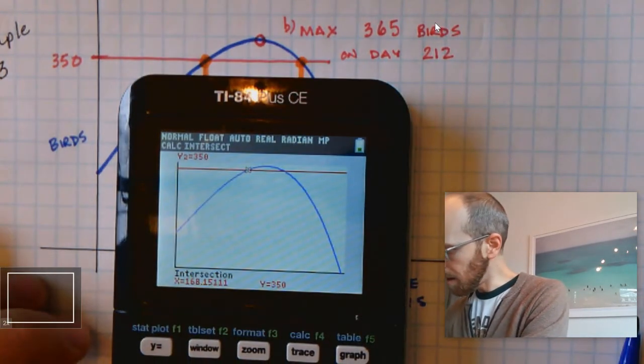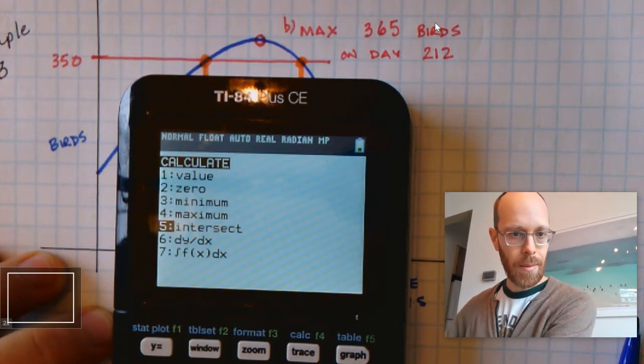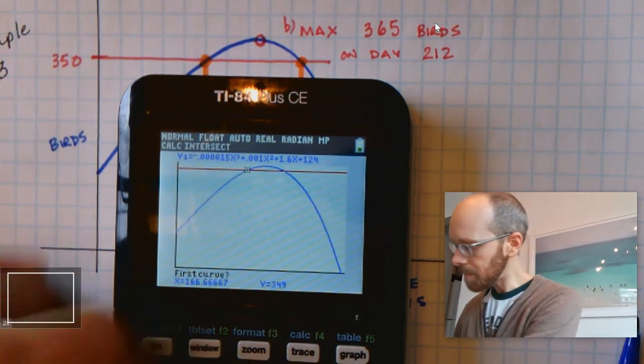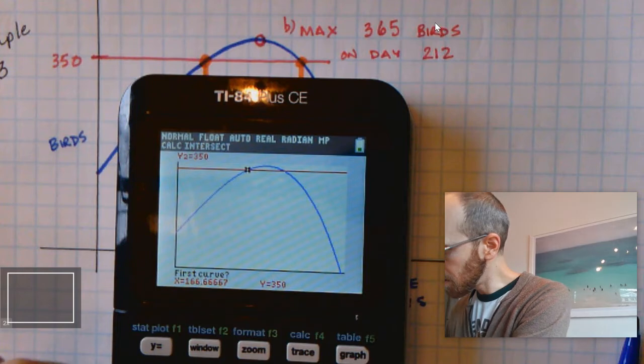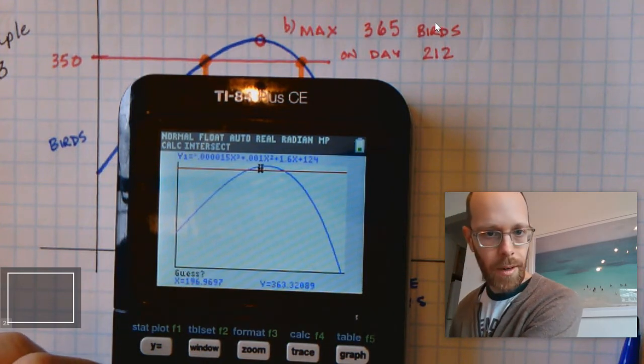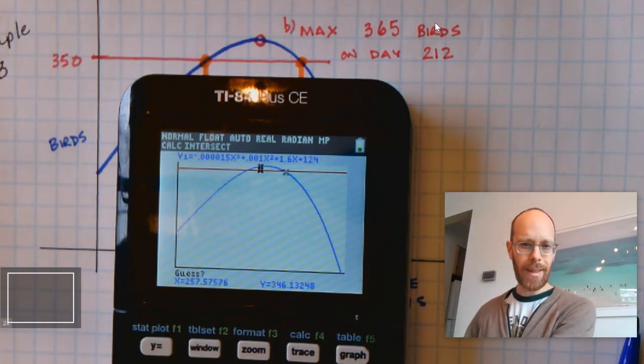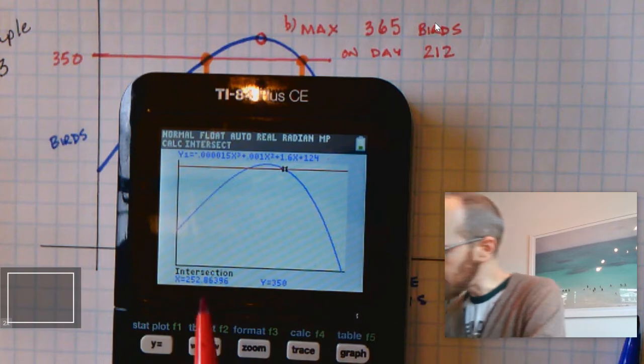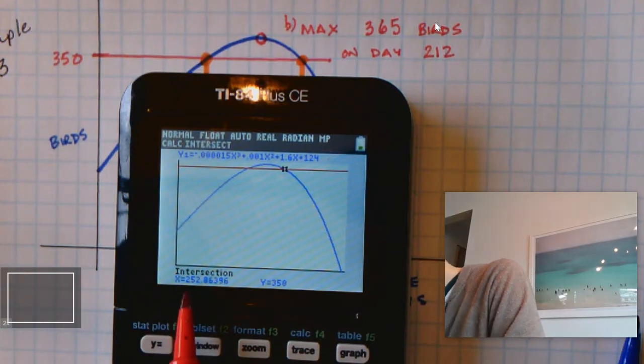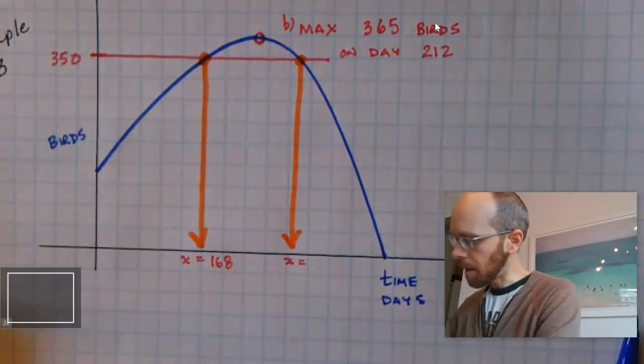And then second calc, we do it all again. Intersect. First curve, second curve. Move as close as you can to that point. Hit enter. This happens on day 253, we'll call it.